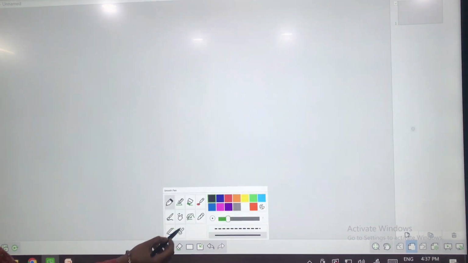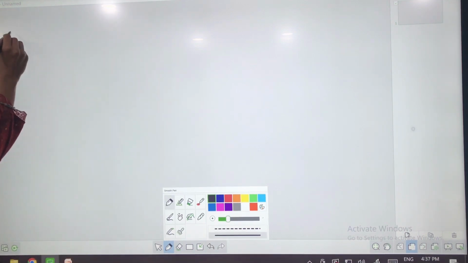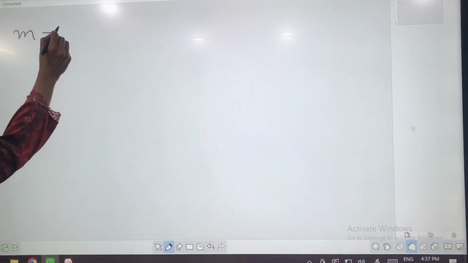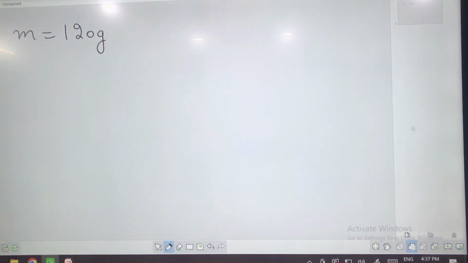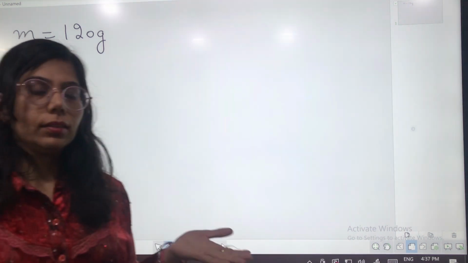So what is given to us here? We are given the mass, that is M is equal to 120 gram, and we have done the work against the gravity.